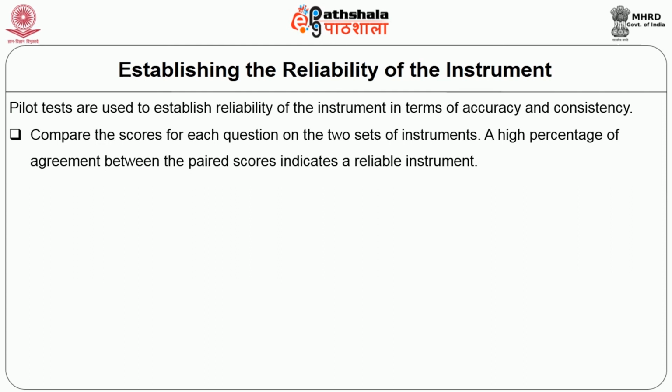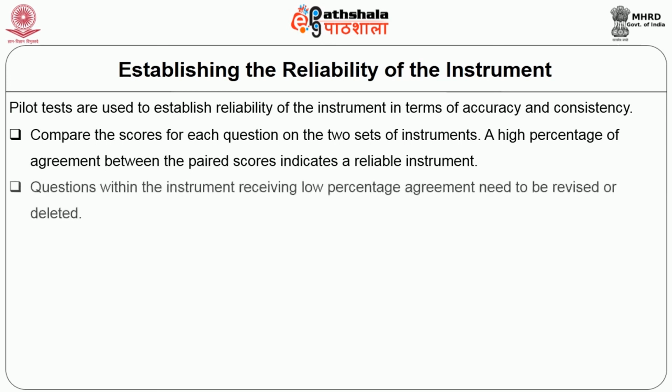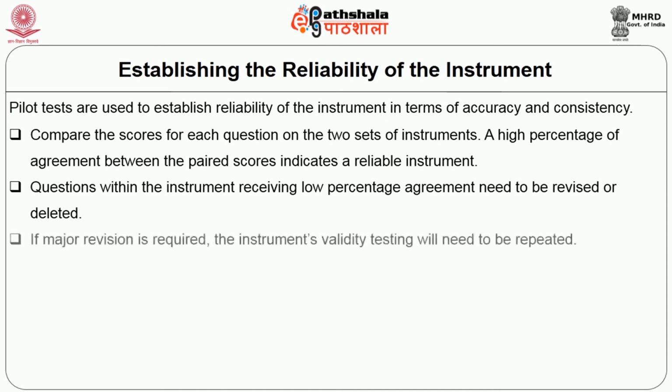A high percentage of agreement between the paired scores indicates a reliable instrument. Use 70% as an acceptable percentage level. Questions within the instrument receiving low percentage agreement need to be revised or deleted. If major revision is required, the instrument's validity testing will need to be repeated.